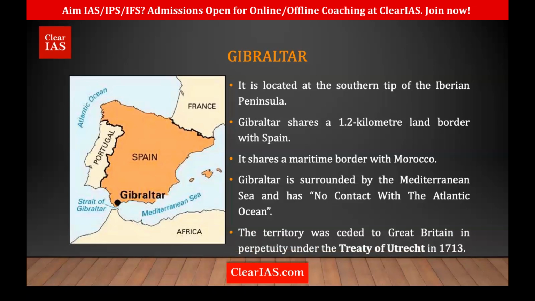This Gibraltar is a part of the UK. It was ceded to the UK in perpetuity under the Treaty of Utrecht in 1713. It is very important mainly because of trade, international trade and sea lines of communication. So that is Gibraltar.